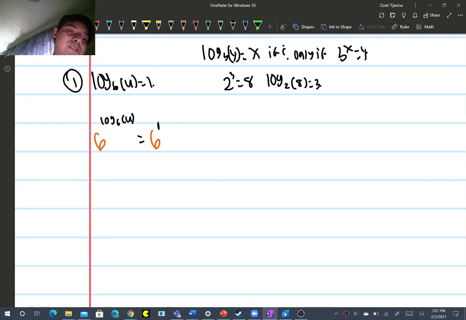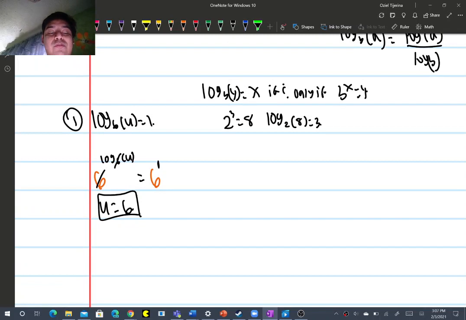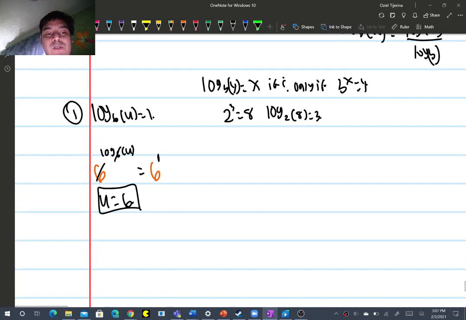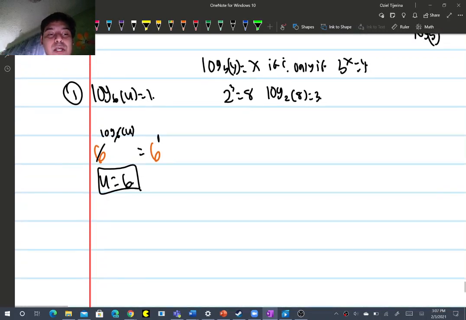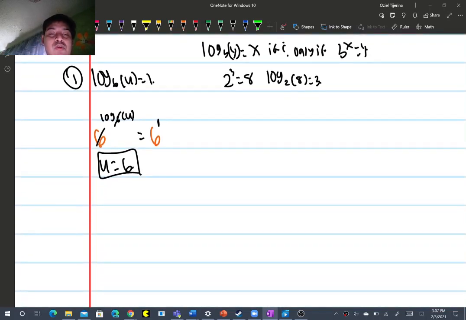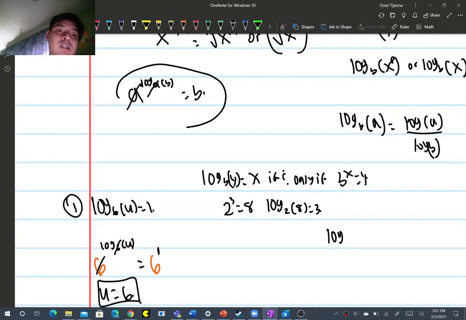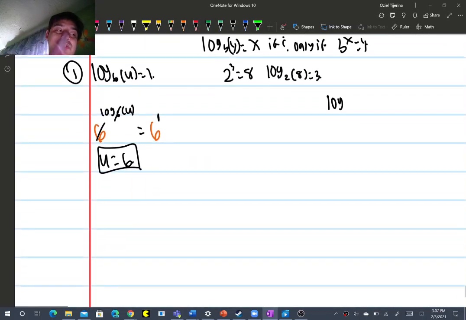And then u equals 6. It's kind of weird when you first look at it because it's not really straightforward, but you just have to remember how it works. You use this rule a lot with logarithms. It's basically how you solve them.